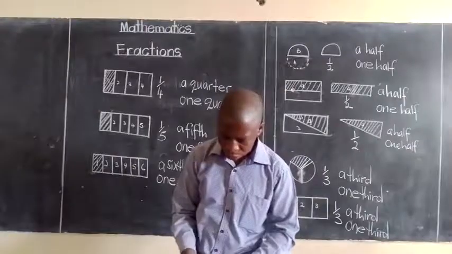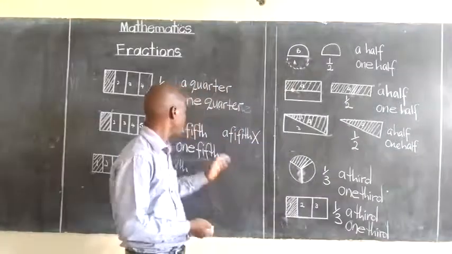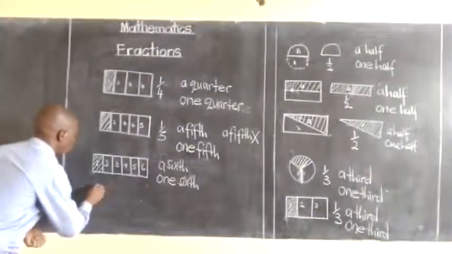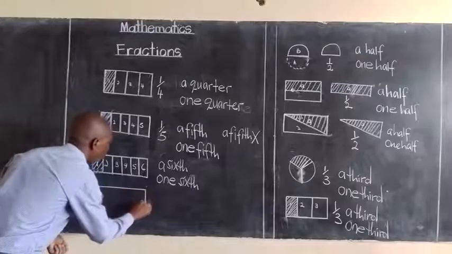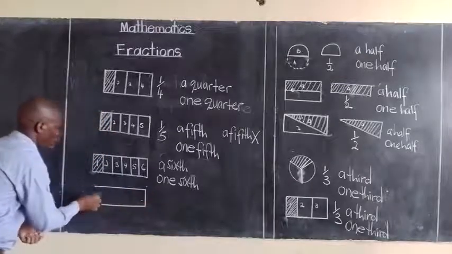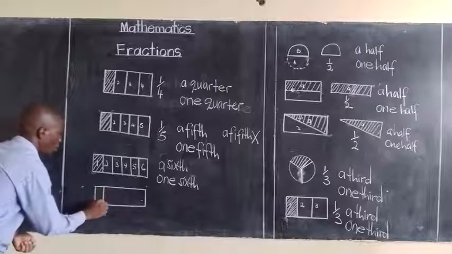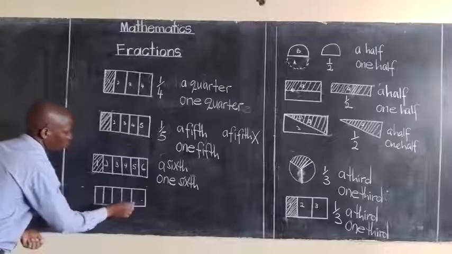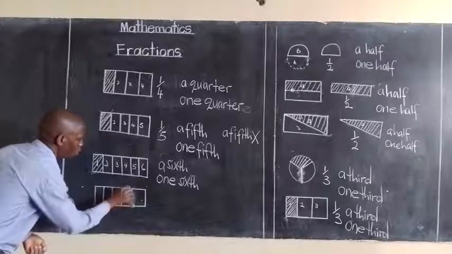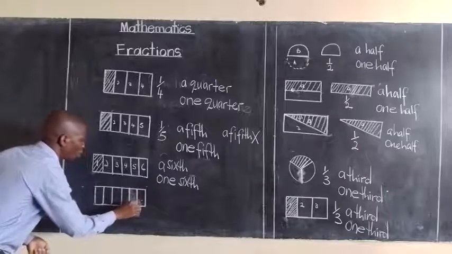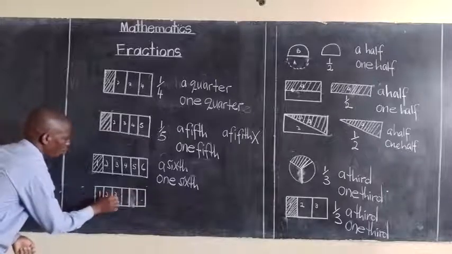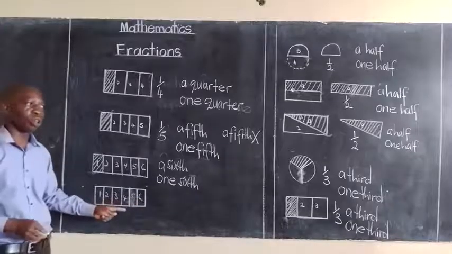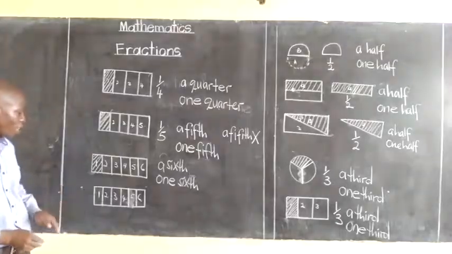Okay. So that is it. These are the parts. So we can have this one again. It's 1, 2, 3, 4, 5, 6. The whole has been divided into 6 parts. So what does that mean?